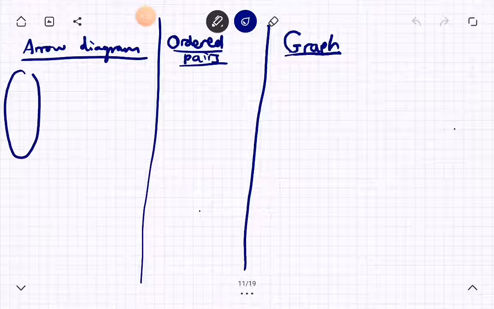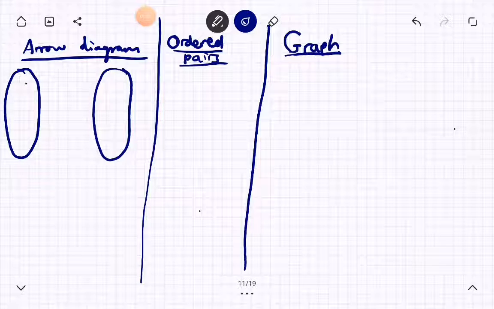So we saw a relation, and let's take one more today. Maybe this relation has 4 inputs and 4 outputs. Here we have 10, 20, 30, 40.